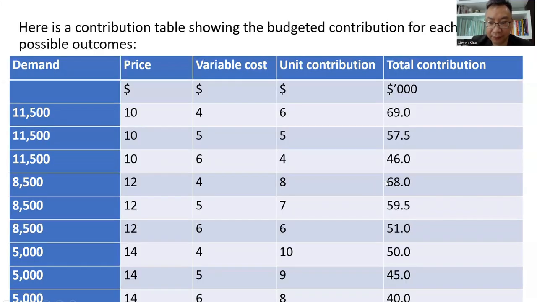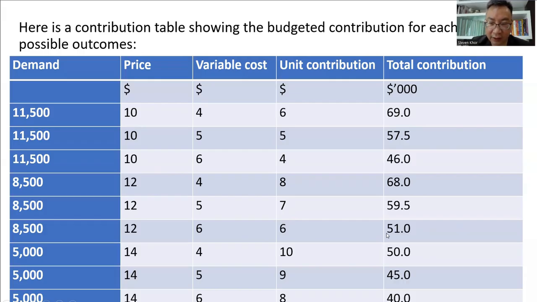Let's say you set the unit price of 14, the maximum total contribution is 50. You see that? So I repeat: if you set the price at 10, then the maximum contribution is 69, whereas for 12 it is 68, and if you set 14, then it's 50.